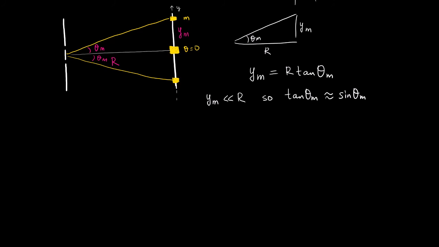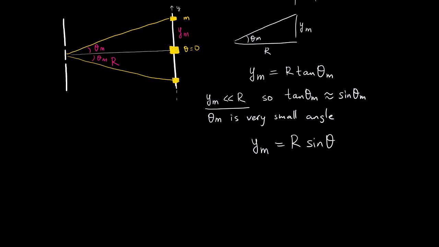Obviously, when we say ym is way smaller than r, we are thinking of theta m as a very small angle. Then I can rewrite my equation as ym equals r times sine theta.